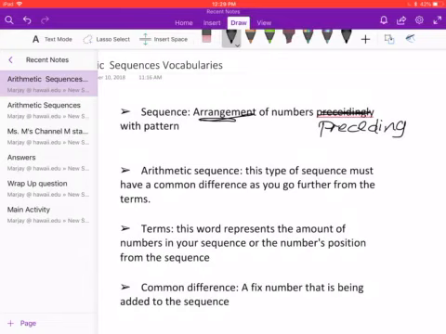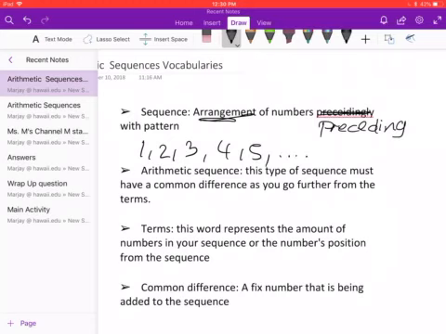So what I mean by proceeding with a pattern is there's supposed to be a pattern forming as you move on through the sequence. For example, 1, 2, 3, 4, 5, and so on.